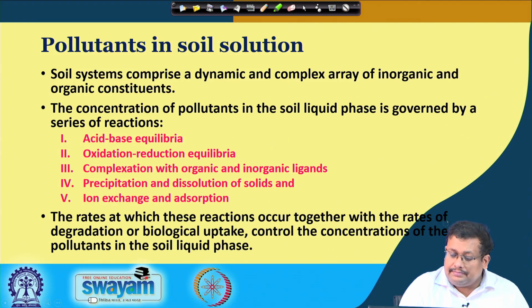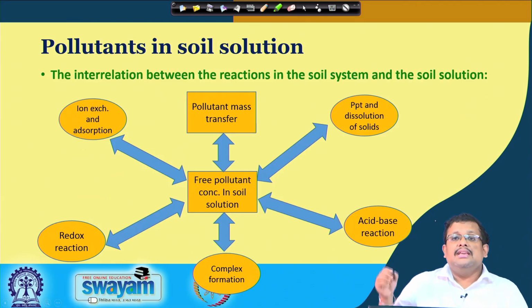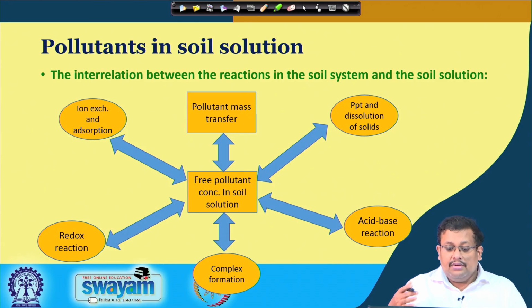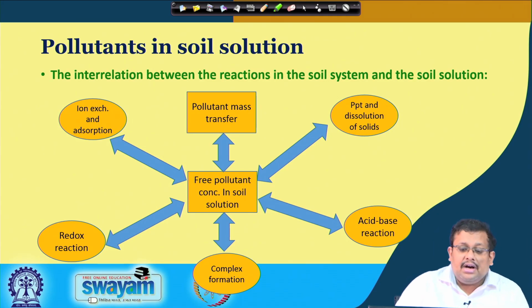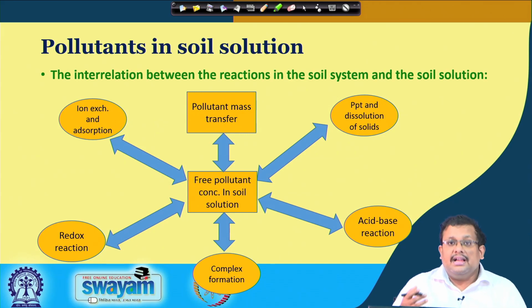So, if you see the interaction between free pollutant concentration in soil solution and how their dynamics change in soil solution, this diagram will help you to understand it clearly. So, let us consider this is basically the interaction between the reactions in the soil system and the soil solution.